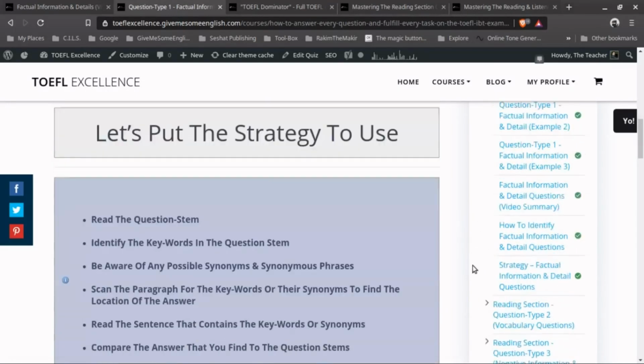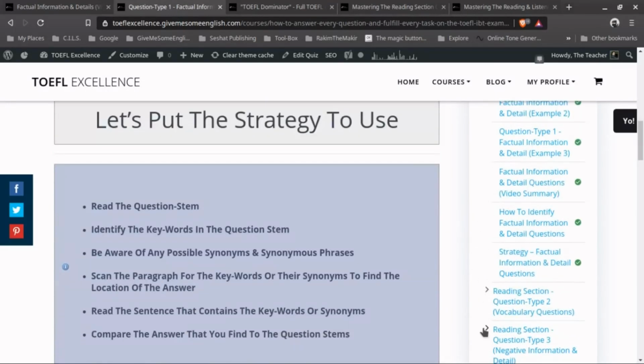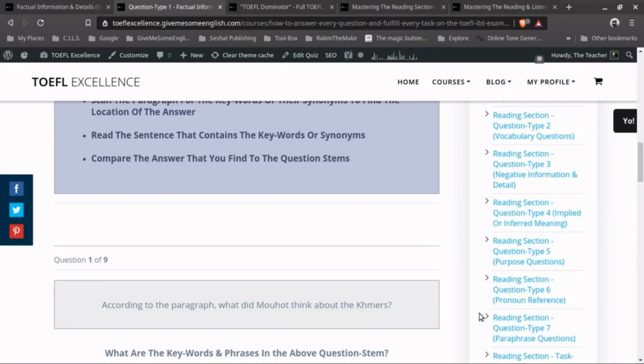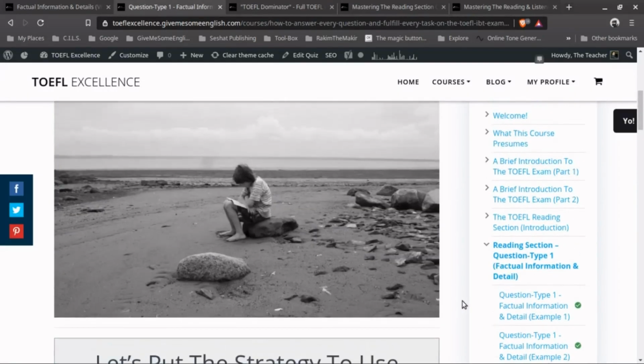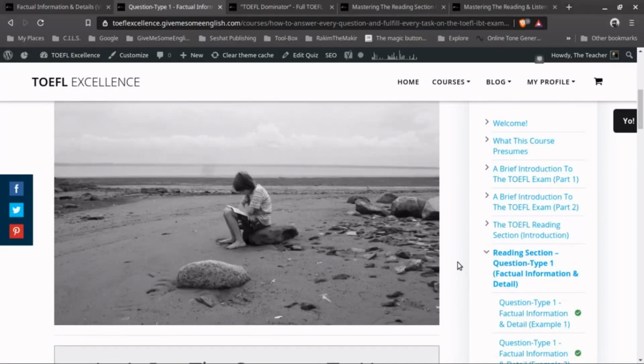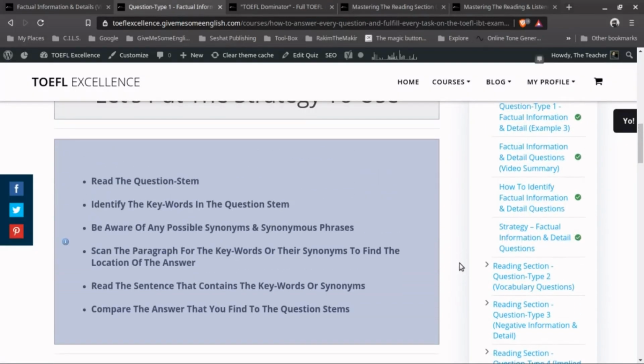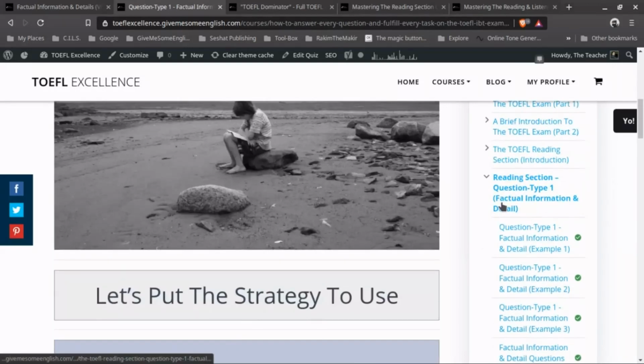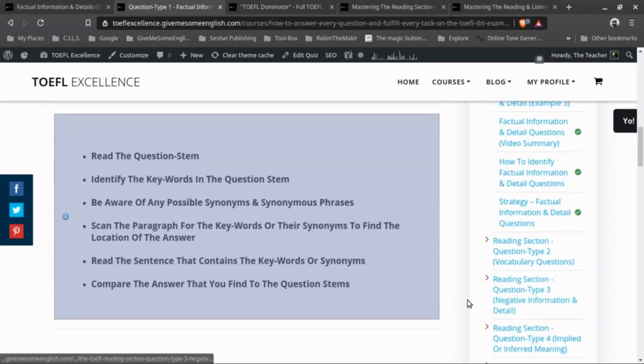In the reading section of the exam, the different question types are in a random order. Now, usually this will be the first question, but you might get one or two questions like this, because factual information is the most common type of question, and that's why we have it as question type number 1. Just because it's the most common.